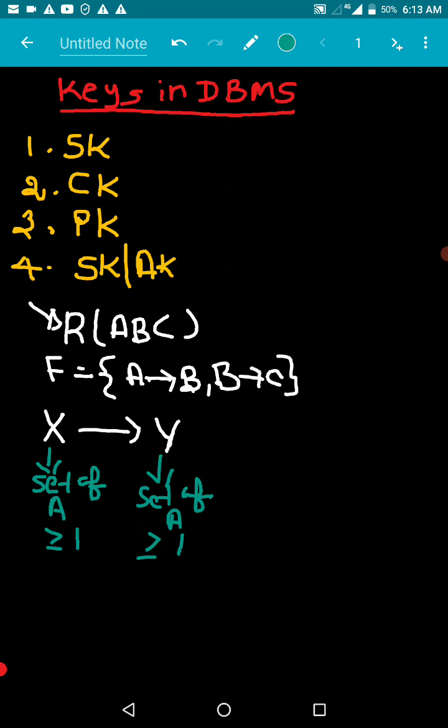So, what does that mean? It means, if somebody gives the X values, I can easily find the Y value uniquely, which means X determines Y, or Y is functionally dependent on X. That is the meaning.